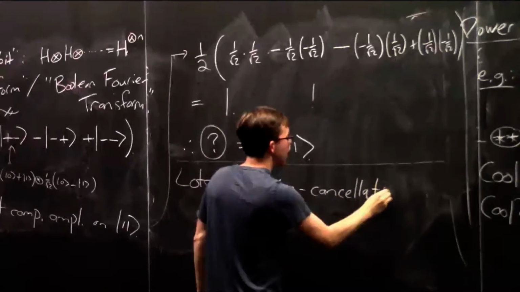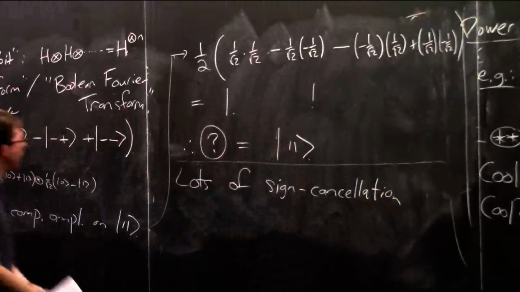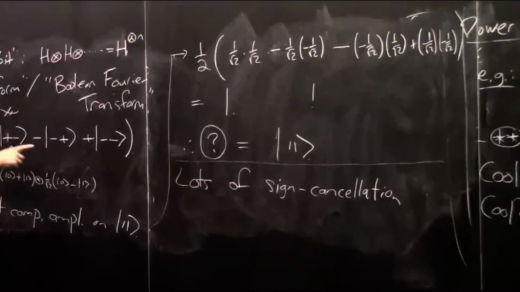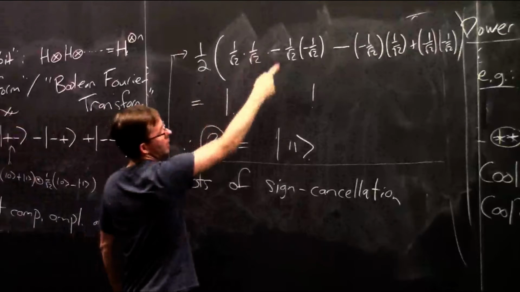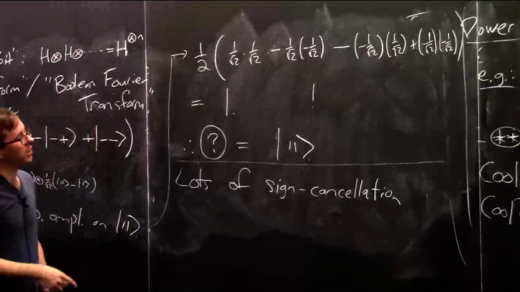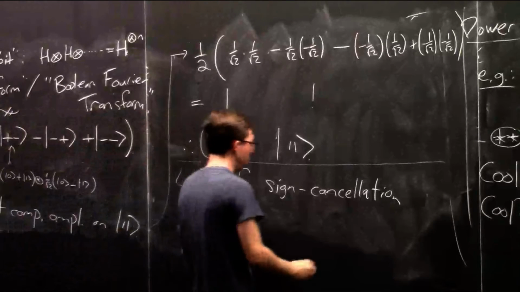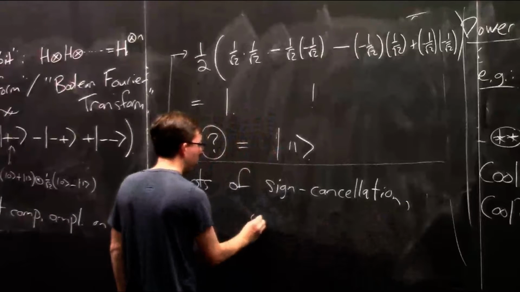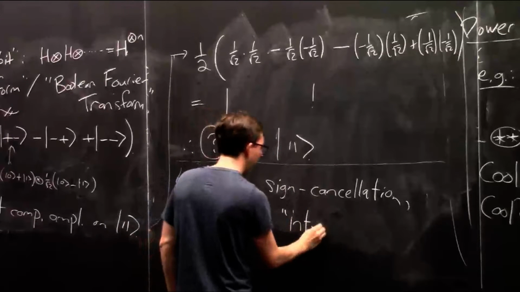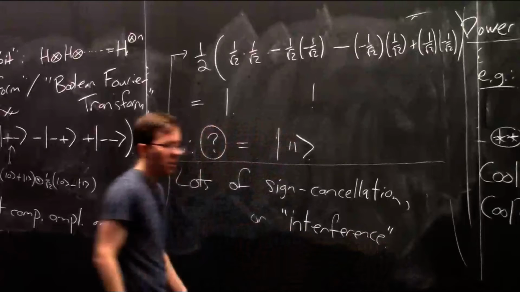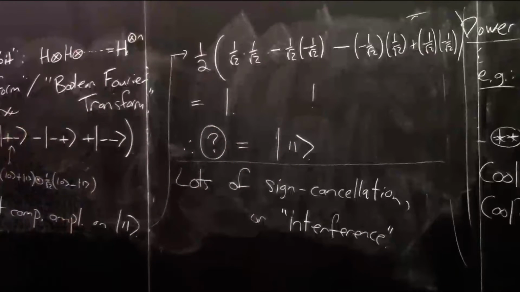I mean, we didn't do it because we got this trick, but had we tried to compute the amplitude on 0, 0 or 0, 1, we would have done all this stuff, and there would have been a lot of cancellation of pluses and minuses, and everything would have canceled down to 0. So there's a lot of sign cancellation, or as they call it in the quantum world, interference. Interference is just a word that means some pluses and minuses cancel each other out. That's all it means.